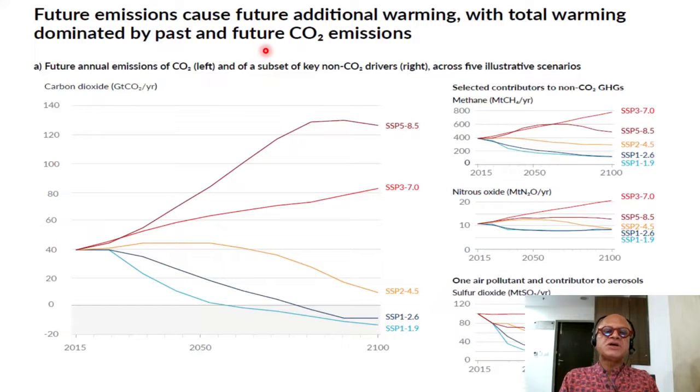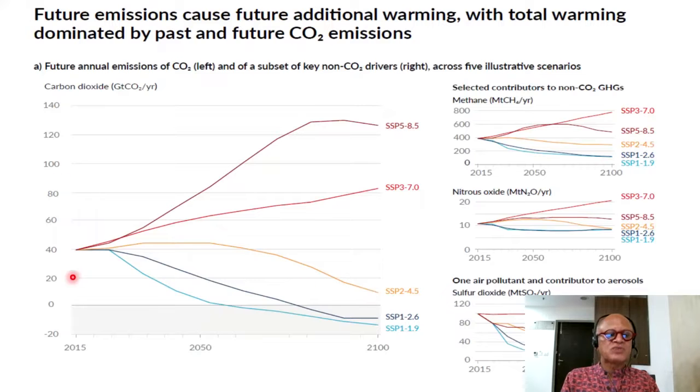Future emissions cause future additional warming, with total warming dominated by past and future CO2 emissions, because CO2 is a long-lived gas that accumulates, and warming is proportional to the accumulated CO2, as we have talked about when we talked about emissions gaps. So future annual emissions of CO2 here, and of a subset of key non-CO2 drivers across 5 illustrative scenarios we looked at, SSPs.